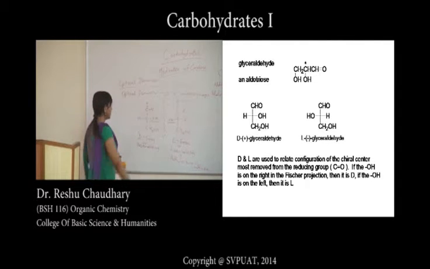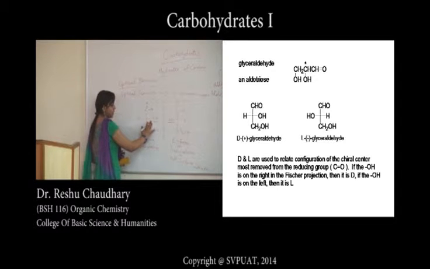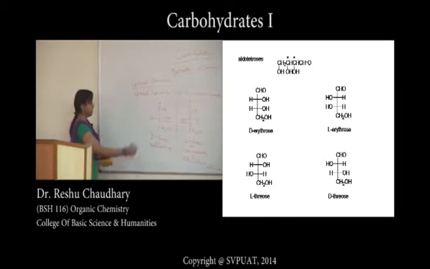As we see here, these are the same structural formula, but the difference is the presence of the OH group, on the right hand side and left hand side. These are also known as enantiomers.